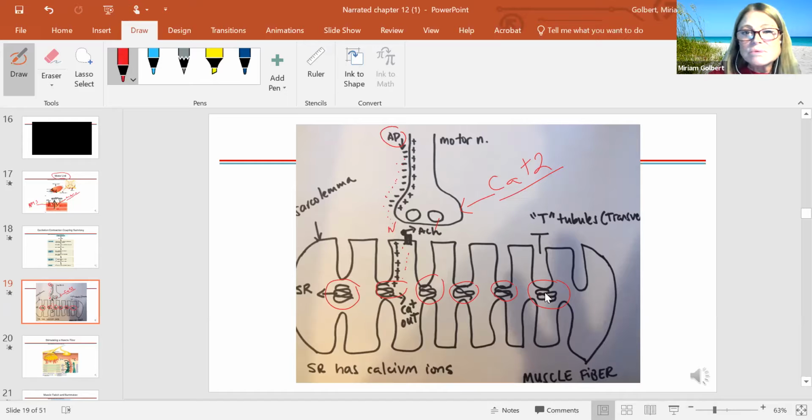So when that action potential comes in and causes this depolarization in the skeletal muscle fiber, the sarcolemma, if you notice, is all made out of these invaginations. This is how they actually look.